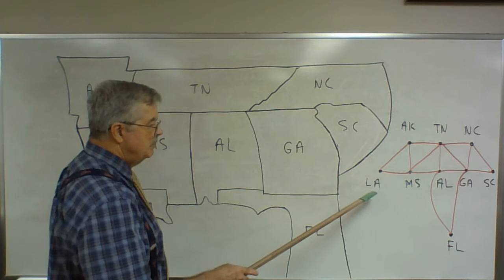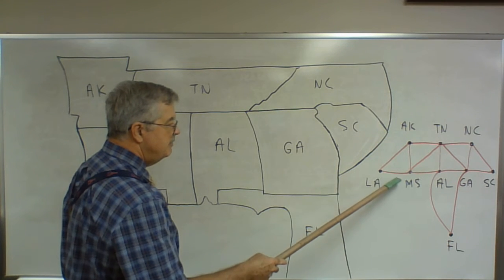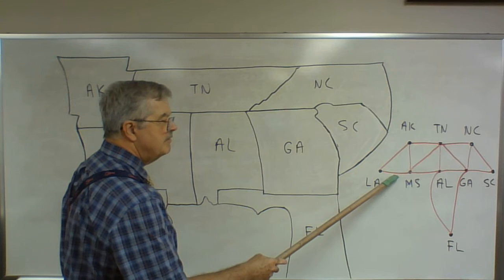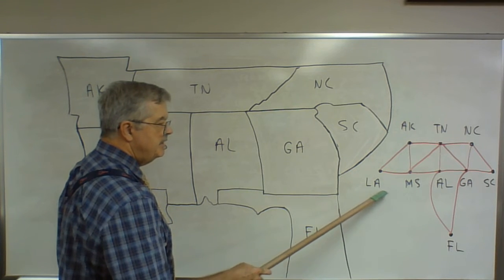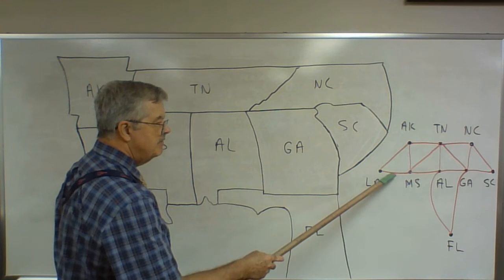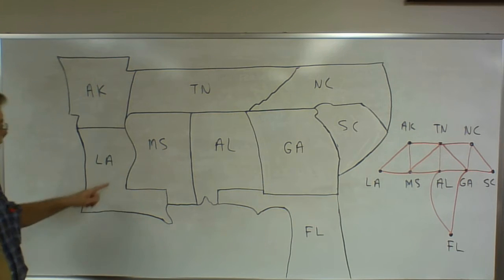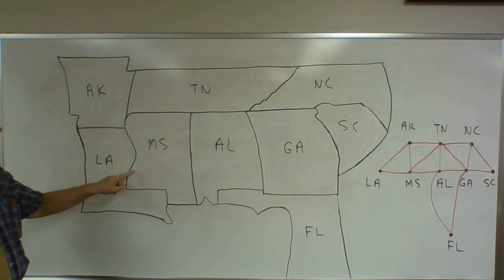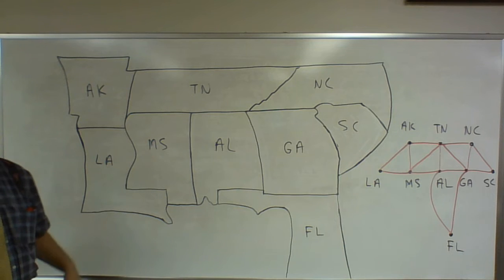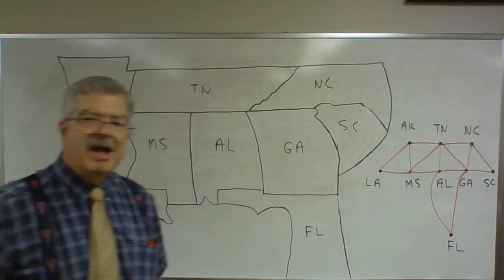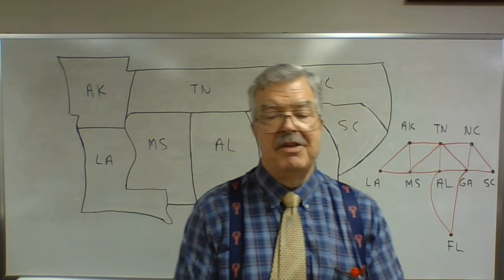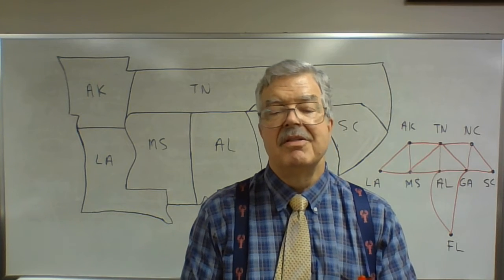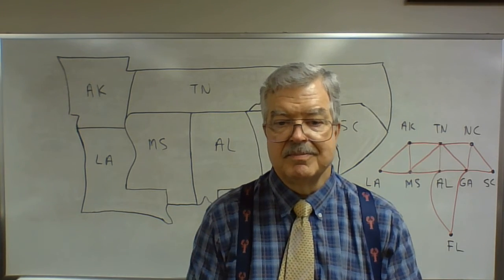For example, Louisiana and Mississippi are connected by an edge. That's because Louisiana and Mississippi share a common border. Believe it or not, this is an application that is in wide use.